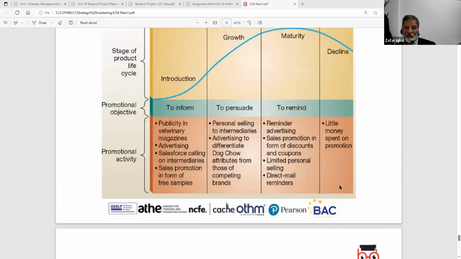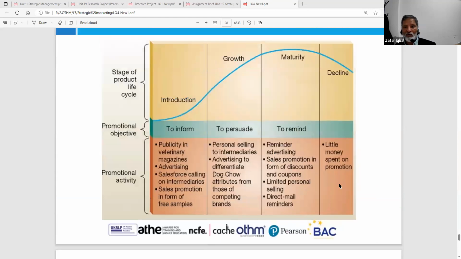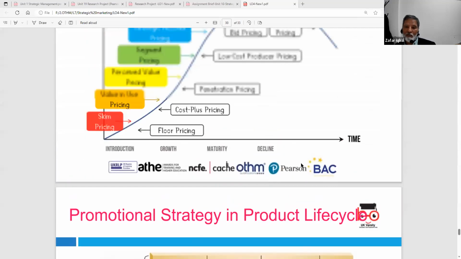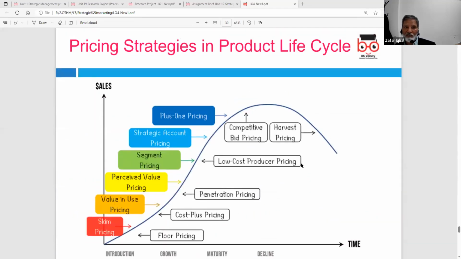So what we've talked about today is the product life cycle, the product mix or marketing mix, and the 4 Ps and 7 Ps. We talked about processes, people, promotion, and all the stages of the pricing strategies we discussed.